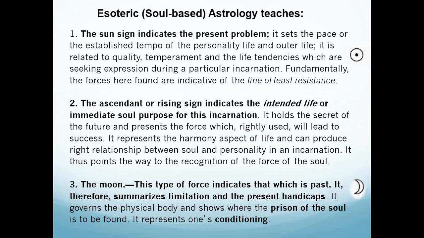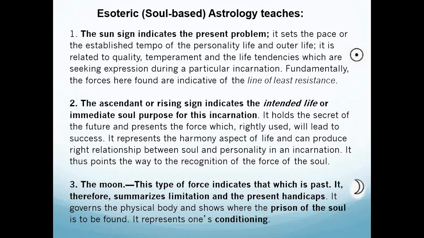So for example, somebody might be very good in math or in sciences with a particular ray on their mental vehicle. That's still part of their personality, the mind, right? The mental vehicle. And they might find themselves leaning towards doing something in those fields, whether it's the sciences, medical fields, or engineering, or anything else.